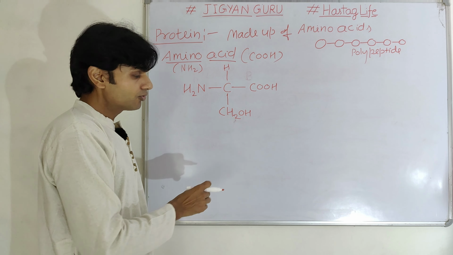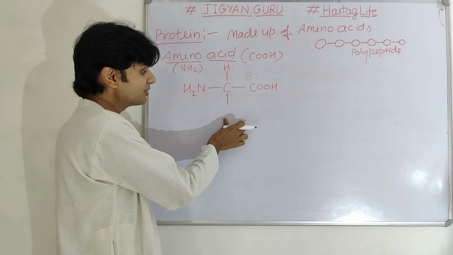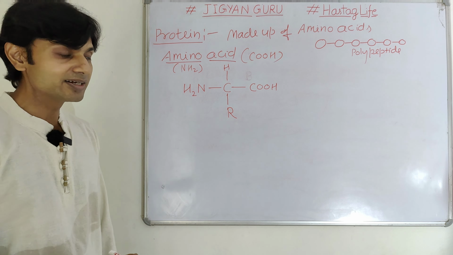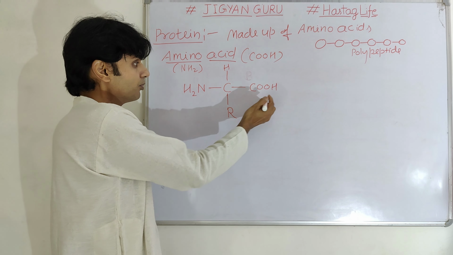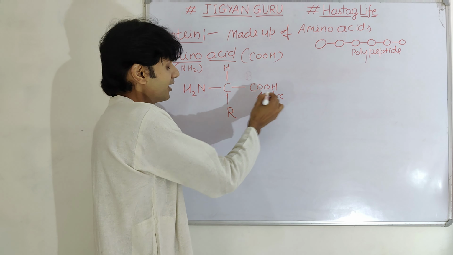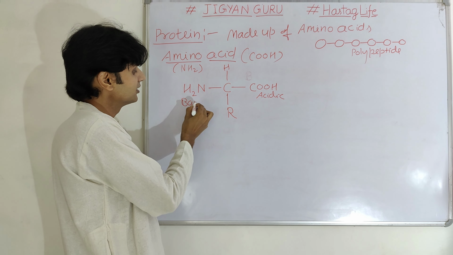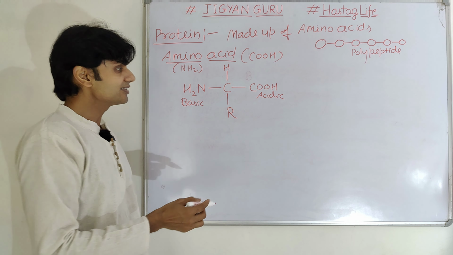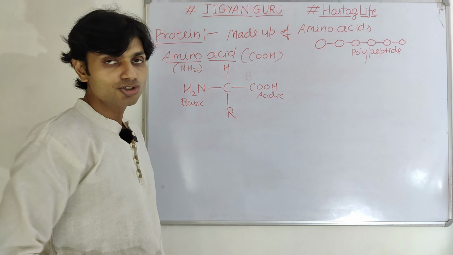For the time being, to keep it simple, I am assuming that there is an R group. Because the amine group is basic in nature and the COOH group is acidic in nature, they almost neutralize each other.